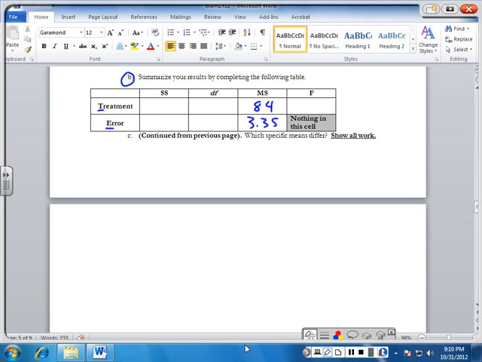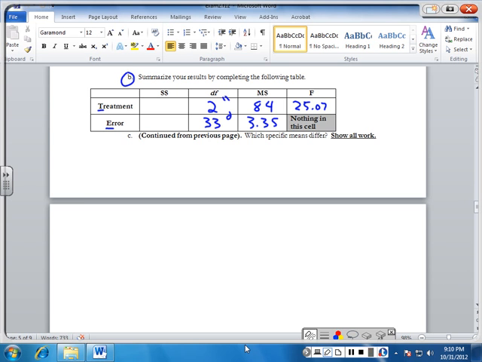The F test was 25.07. The degrees of freedom were 2 and 33. This is the numerator and denominator degrees of freedom.